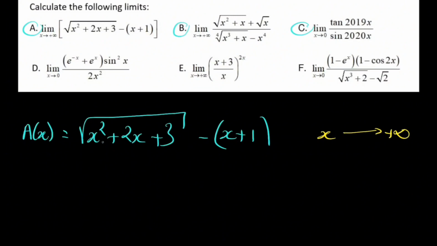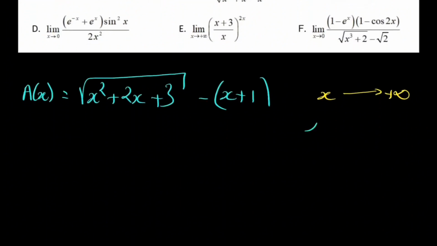But here we have something that, at plus infinity, will act as square root of x squared, so x. So we will have something like infinity minus infinity, and we do not want that because infinity minus infinity is an undefined form.